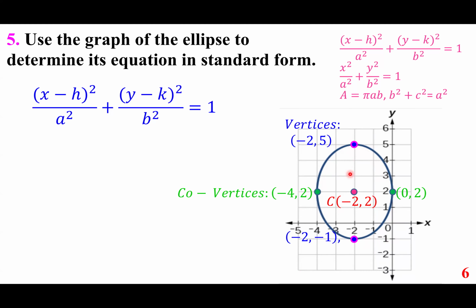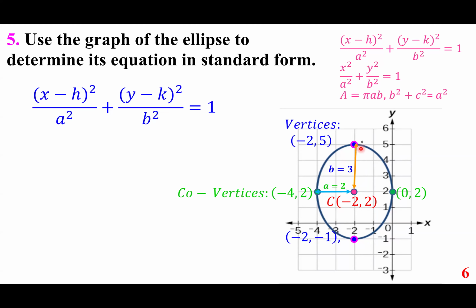This distance is B, this distance is A, so we have these two distances. This is obviously the distance of what? 2, so A equals 2. This is the distance of 3, so B equals 3.